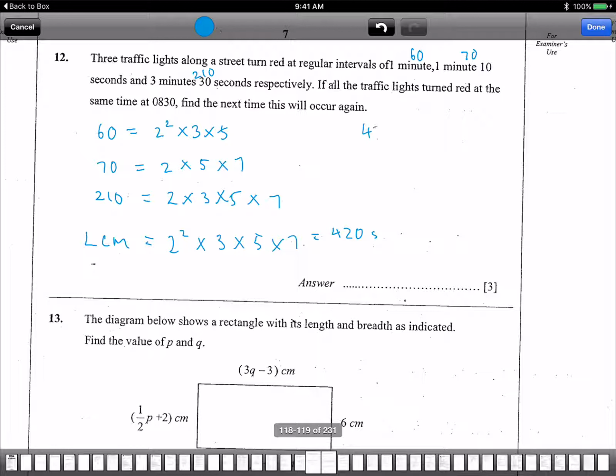So we take 420 divided by 60 equals to 7 minutes. Right, so the time is 0837 because it's 7 minutes later.